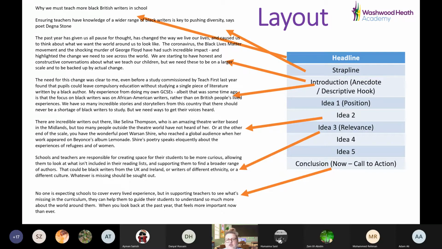Idea 2, where you continue it. Idea 3, where you make it relevant to your reader. Idea 4, idea 5, and then your conclusion, the thing that you want them to do now, the call to action. It is so important that when you do this question, you spend some time planning.